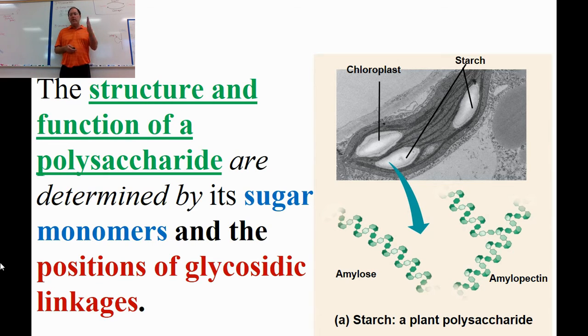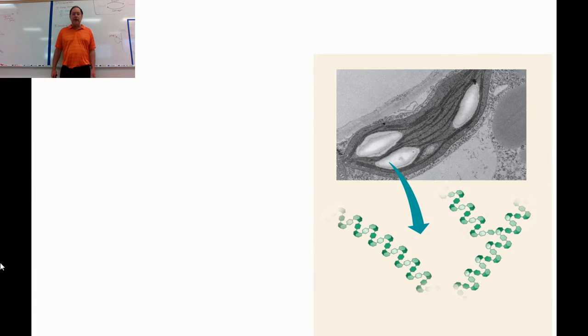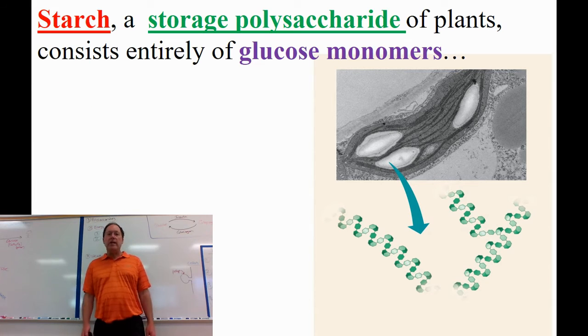Starch is an energy storage molecule for plants. They pump out tons and tons of glucose monomers, put them together in long chains, and send them down to the trunk or the roots to be stored as energy for later, like in the wintertime when they don't have leaves any longer.